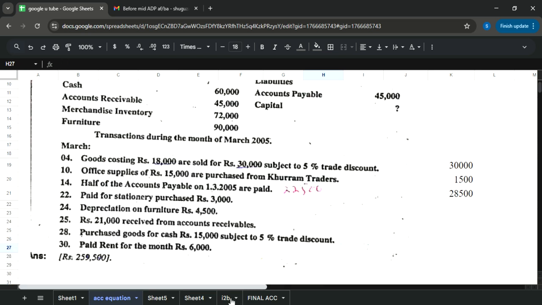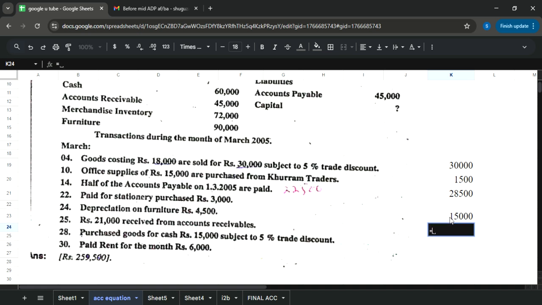After that, we have purchased goods for cash. When you purchase goods and pay cash, goods are coming in, but with a 5% trade discount. Here you can calculate the trade discount. Original amount was 15,000. Then you need to calculate 5%: 15,000 multiplied by 5 divided by 100. You have got your discount.